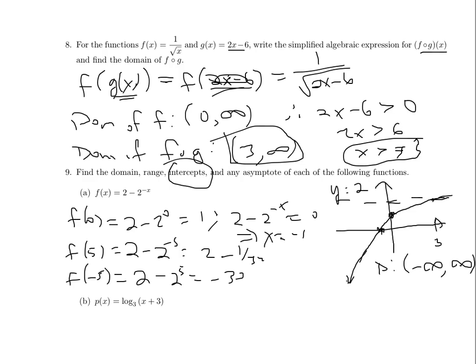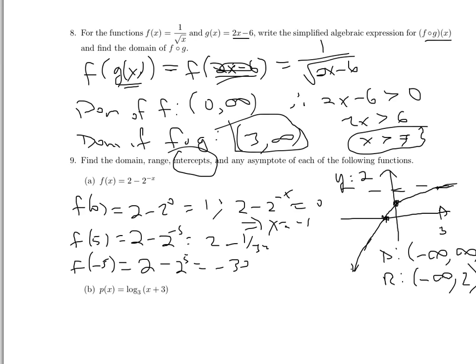Exponential functions don't typically have domain problems. It's the range that's always of interest to exponentials, and what we're looking for with the range is that the asymptote should be a barrier to the y values. So the range here is minus infinity, because the graph is falling down off the screen, up to 2, not including 2. We don't think it gets there.